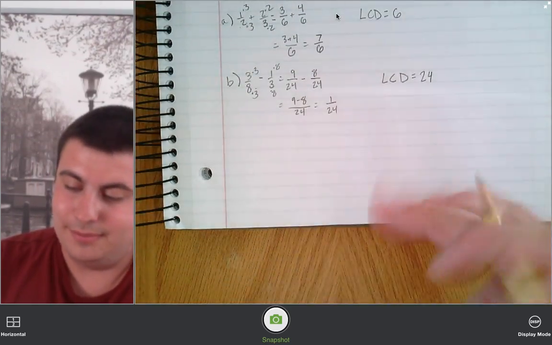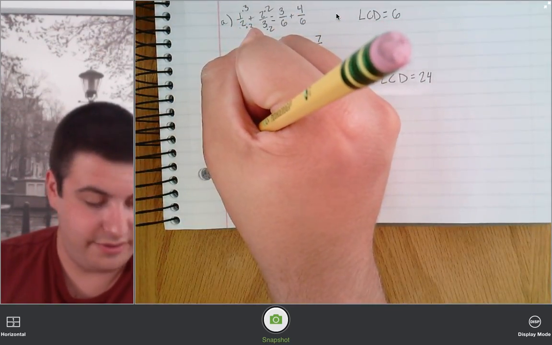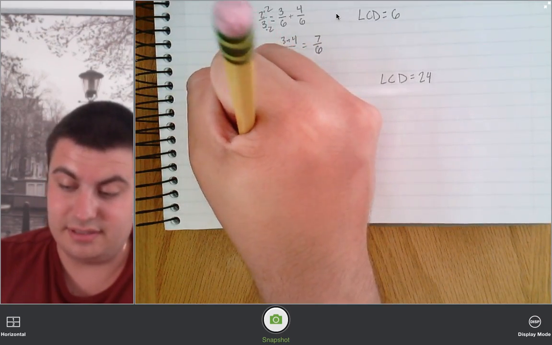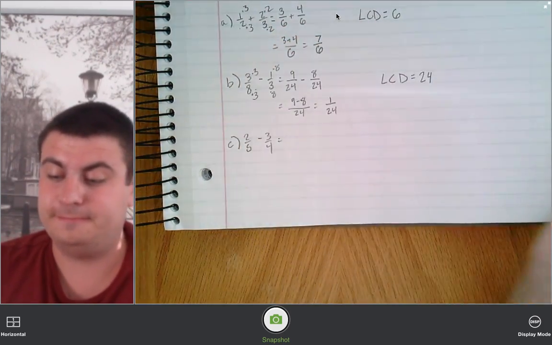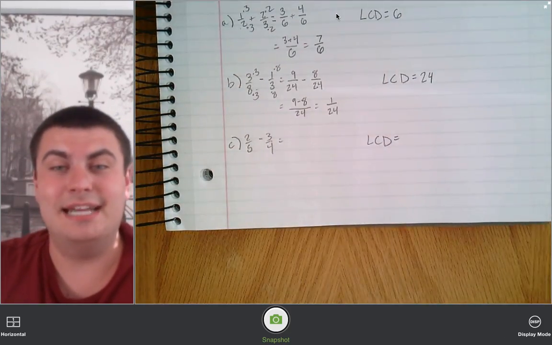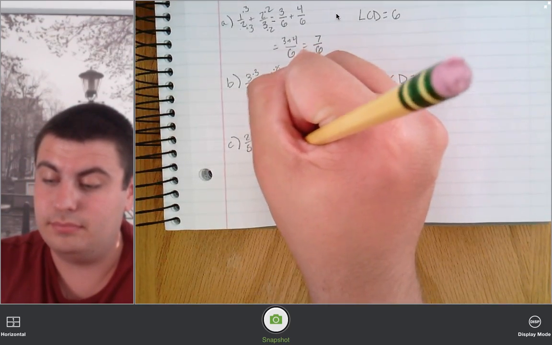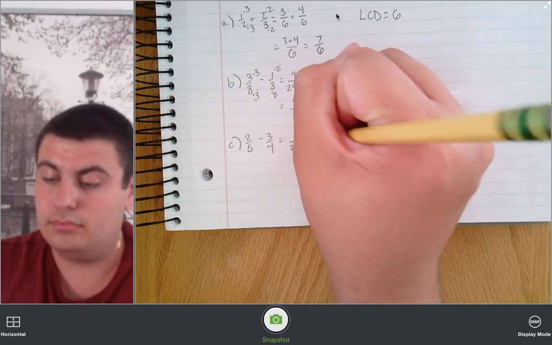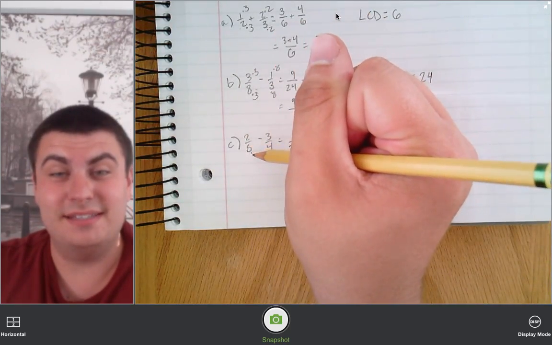All right, let's look at one more example. If we have 2/5 minus 3/4, our least common denominator, 5 times 4, is going to be 20. We're going to multiply 2/5 to get to 20.